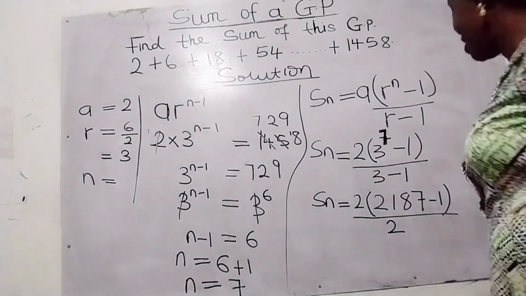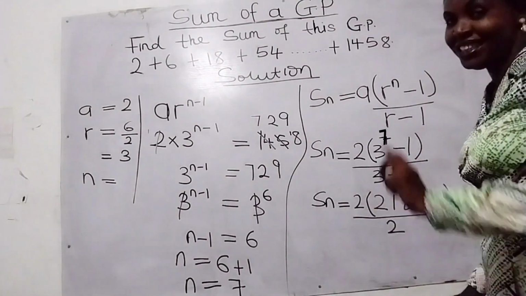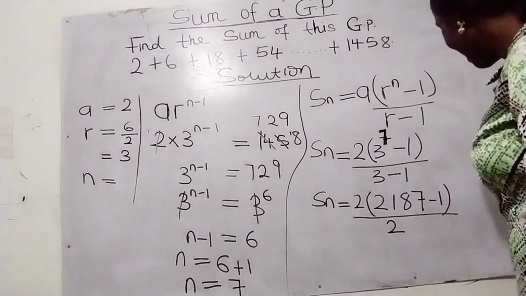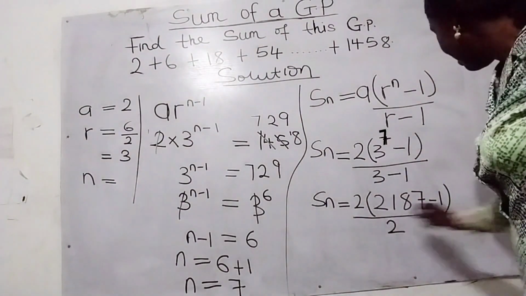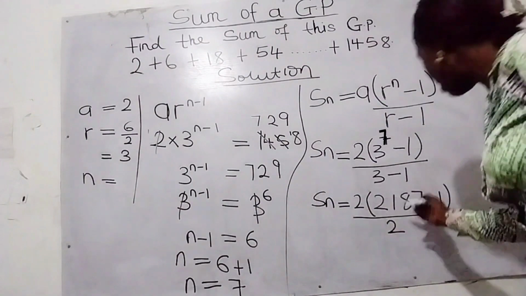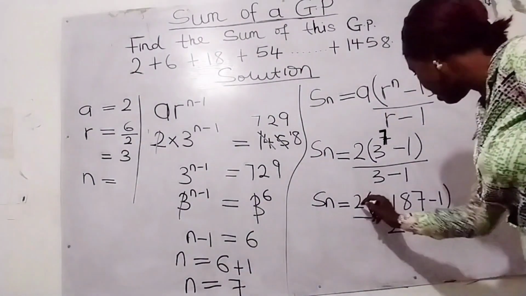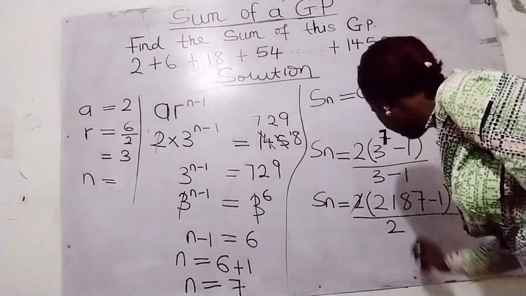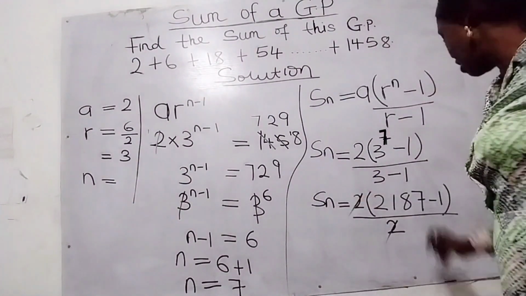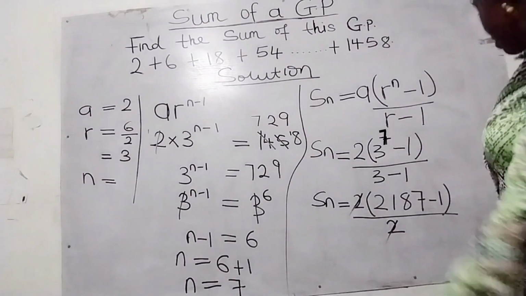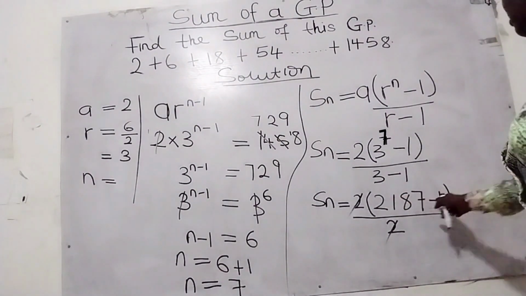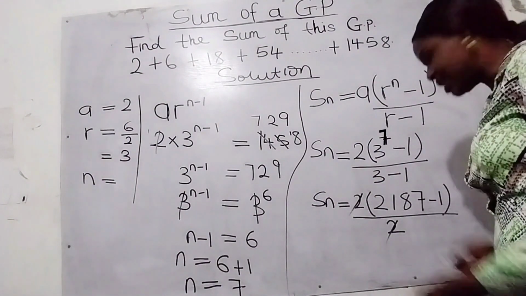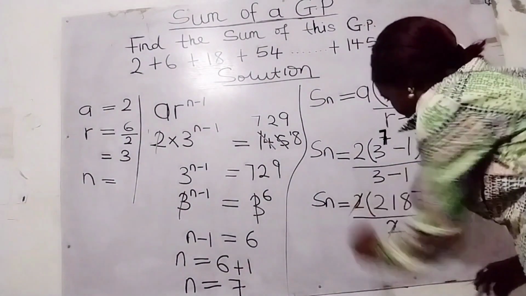We continue. We are approaching the end now. Let's just cancel out these 2's. Yes, 2 is here, 2 is here. You can cancel. 2 cancelled is 1. So what do we have now? We only have 2187 minus 1. What do we do now? We simply subtract it. So let's first of all write our Sn.